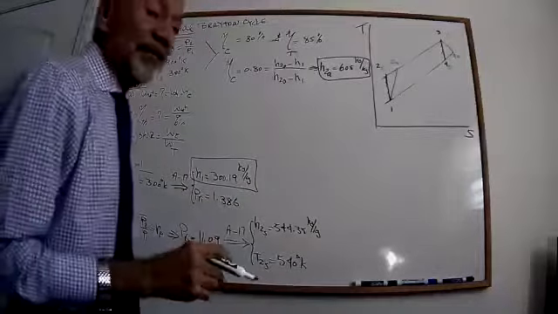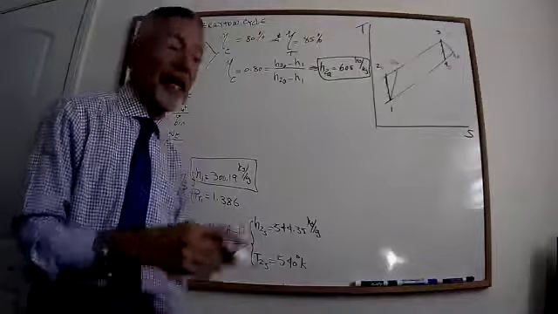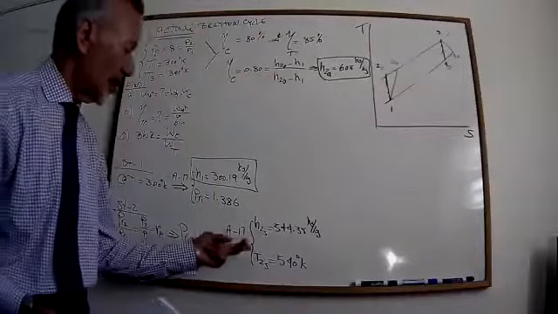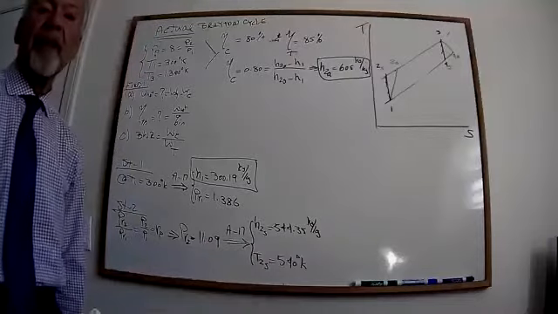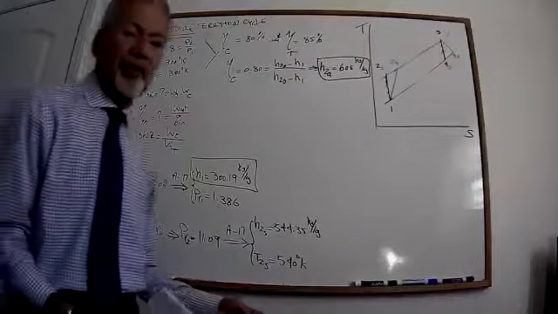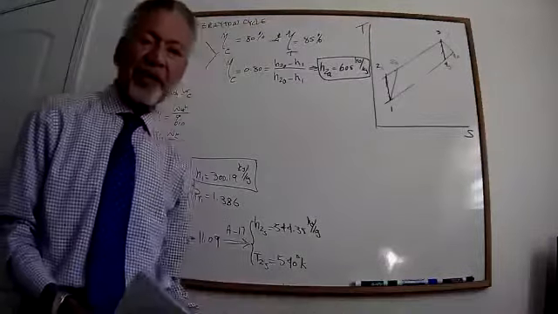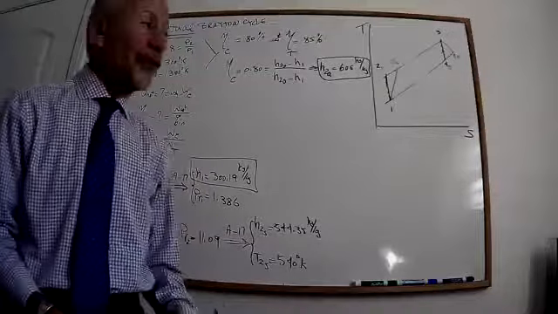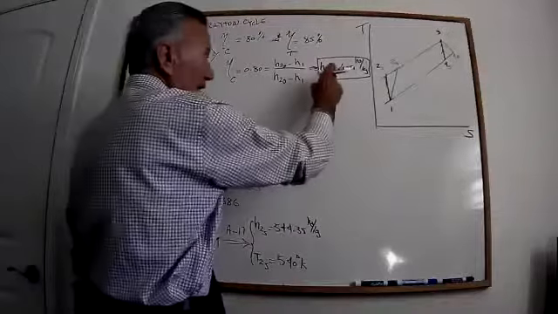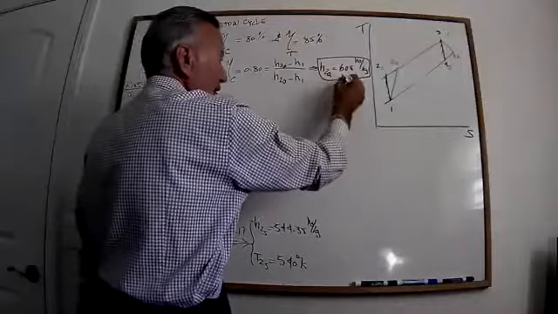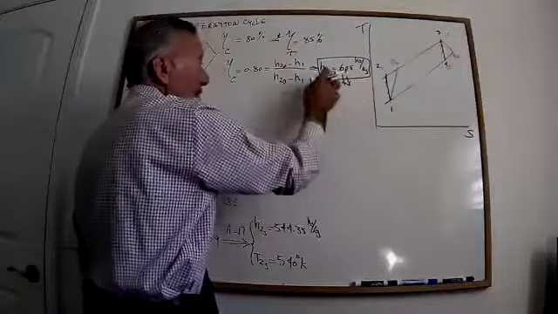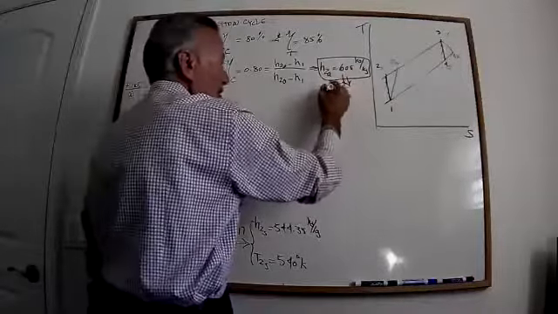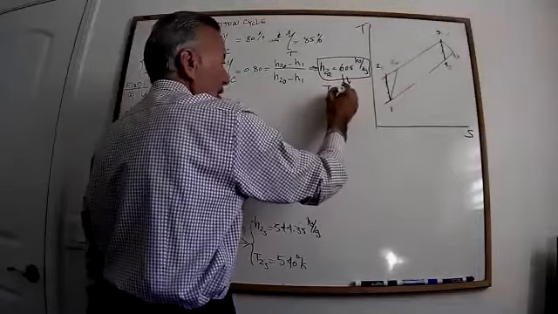Now, if they ask you to find the actual value of the temperature at point 2, you cannot use those isentropic equations and find it. What you need to do, based on this information, is go back to the table and find the corresponding temperature T2A.